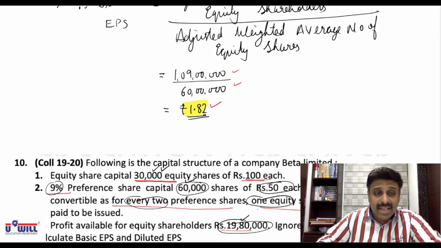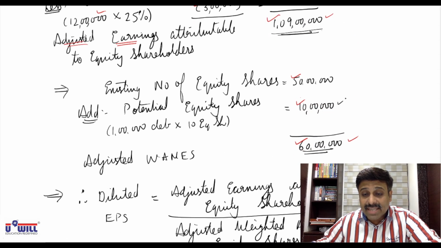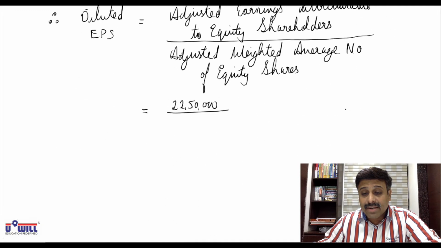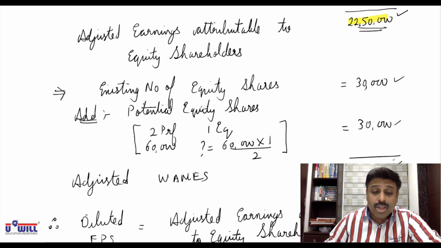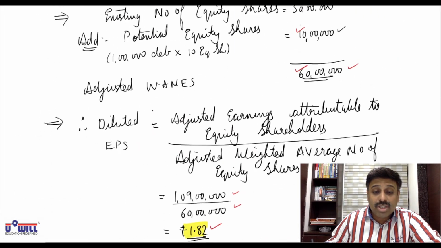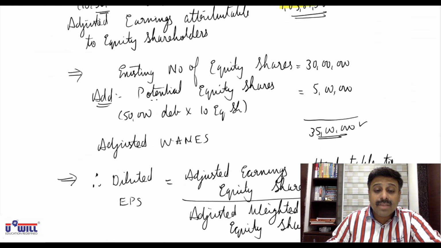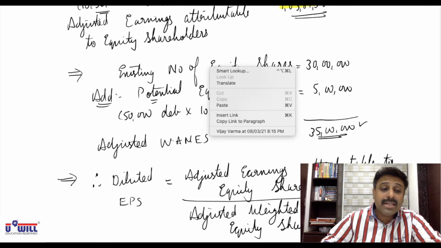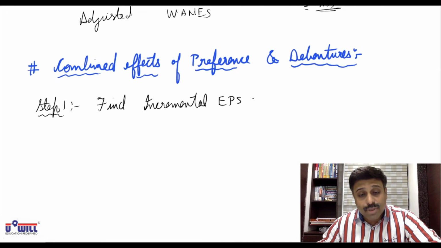Same way, what were the incremental number of shares? 50 and 60 means 10 lakhs. Same way here, incremental number of shares 30 and 60 means 30,000. So whatever are the potential equity shares, they themselves are the incremental number of shares. So how do you find the incremental EPS? Incremental earnings divided by incremental number of shares.